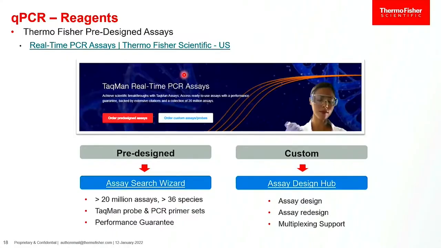If you go to our website, which is up in that link, you can browse what we already have. We have over 20 million already prepared assays ready for you to use. If I was in your shoes, that sounds really awesome that somebody's actually looked at and worked with assays, and I don't have to do anything.